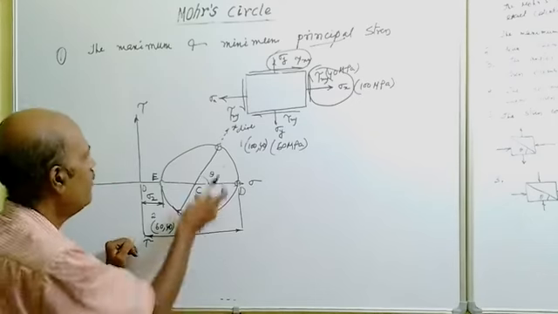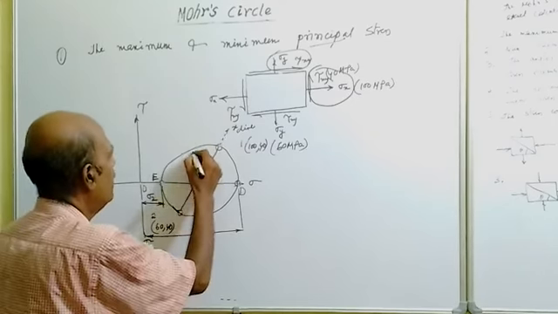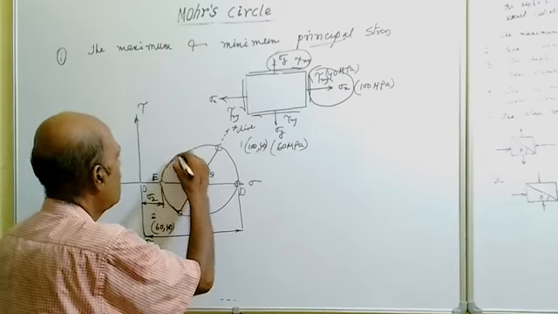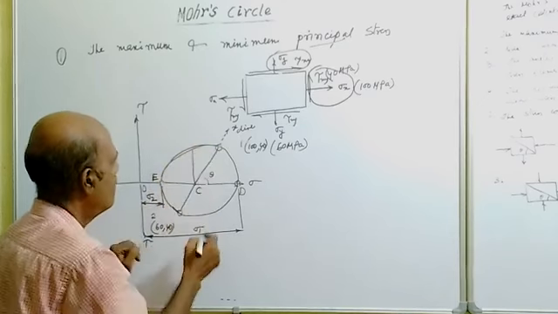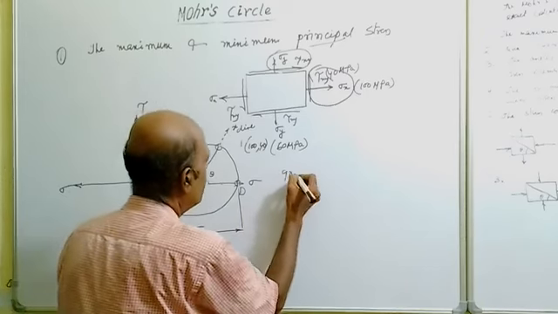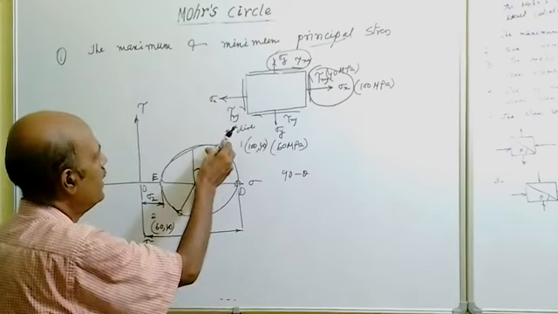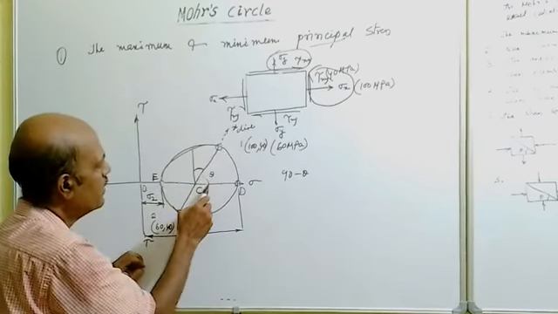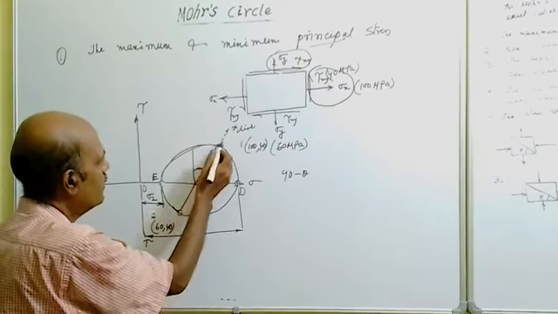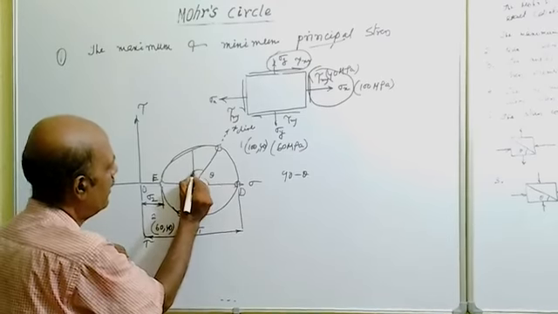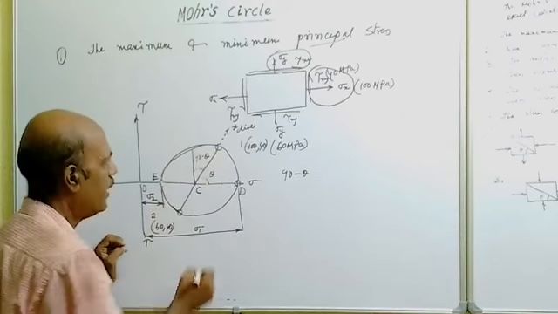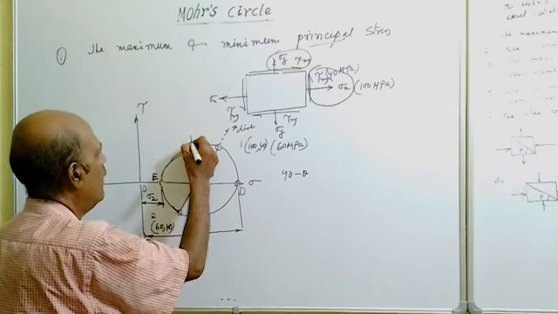If we rotate the x direction in anti-clockwise sense by this angle, that is 90 minus theta, the x direction makes an angle theta. So now if we rotate the x direction in anti-clockwise sense by 90 minus theta degrees, this x direction will come here.